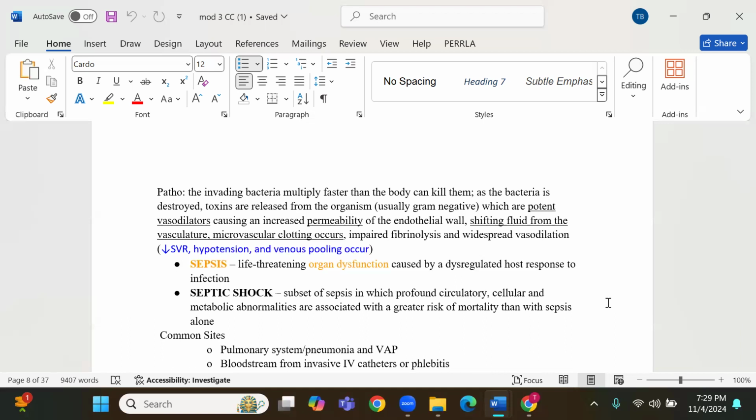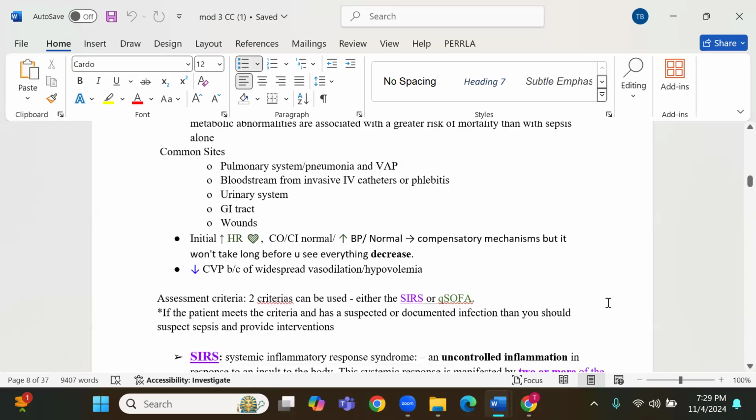Okay, let's look down here. I want you to see some of the more common sites for septic shock. You had this on your last test, I think, the VAP bundle, but pulmonary system: if a patient has an infection in their lungs, then they could certainly go into septic shock.